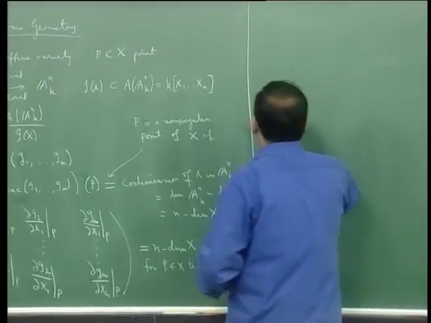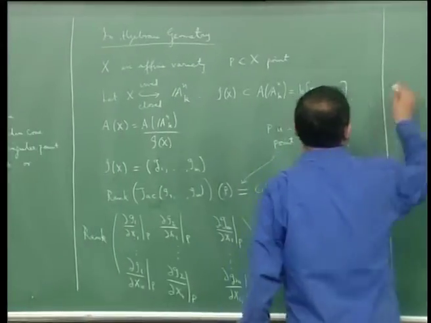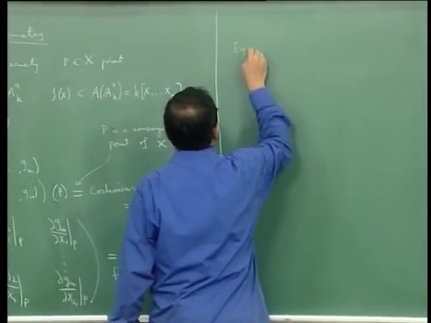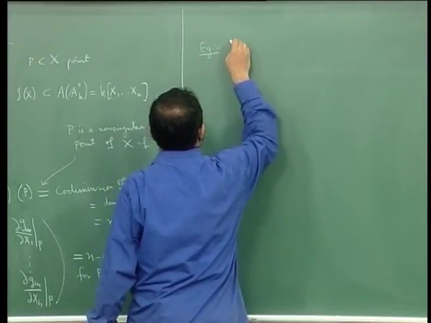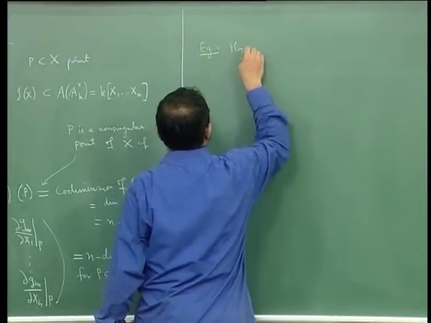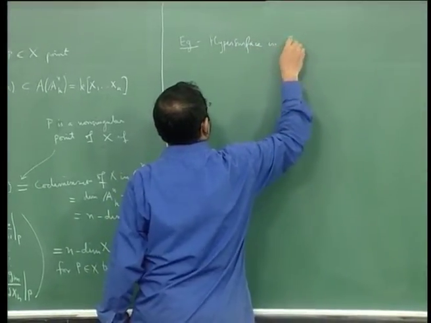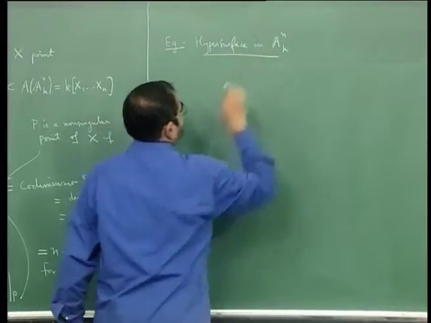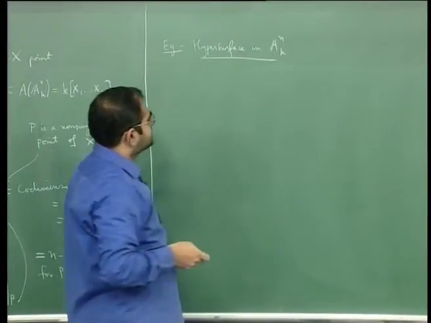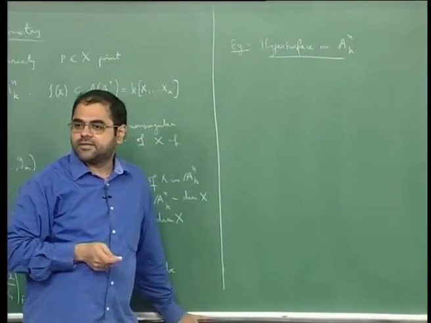So for example, if you want to apply it, let me take the example of a hypersurface in A^n. What is a hypersurface? It's a codimension 1 subvariety of A^n.